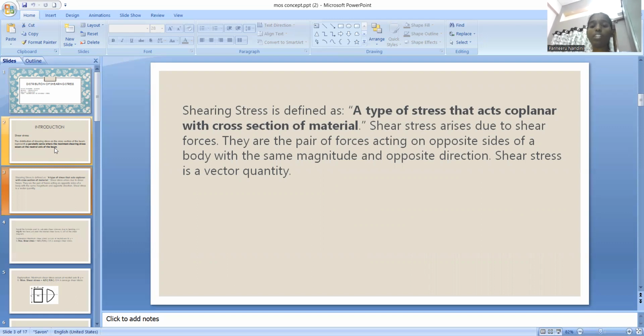They are a pair of forces acting on opposite sides of a body with the same magnitude and opposite direction. Shear stress is a vector quantity.